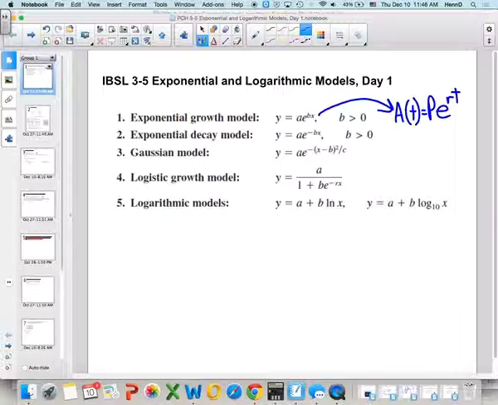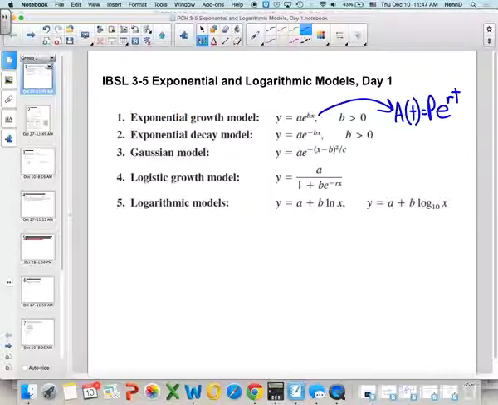You guys have already worked with logarithms, okay? So you should already know what those look like. So really the only 2 new ones are this Gaussian and logistic growth ones, okay? The reality is you've actually already worked with Gaussian models, you just haven't used the equation for it before, okay?